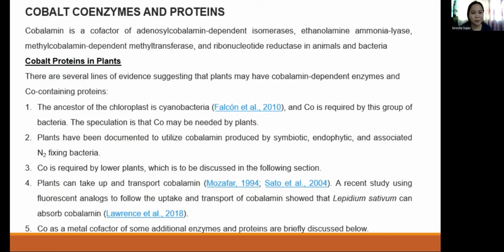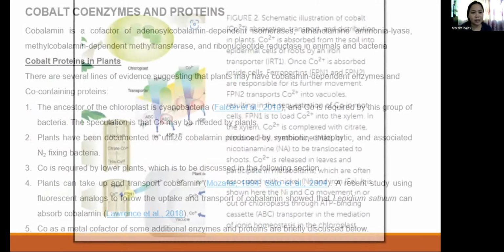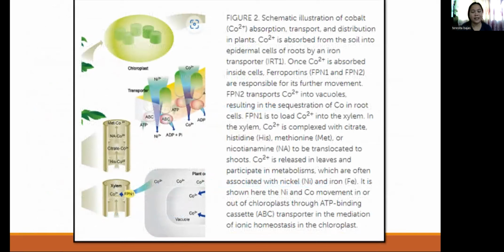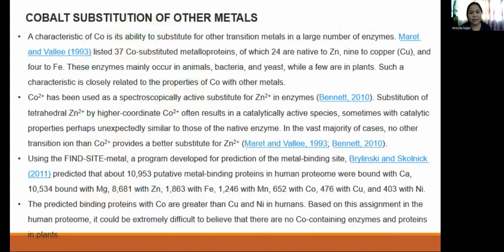Ancestor daw po ng chloroplast ay cyanobacteria. So, sa history, ini-emphasize na through evolution kasama si cobalamin, nagkaroon ng ability ang plants na mag-fix ng nitrogen from the air para magamit as nutrients. Sabi po dito, si cobalt ay may kakayahan din na mag-substitute para sa other metals.